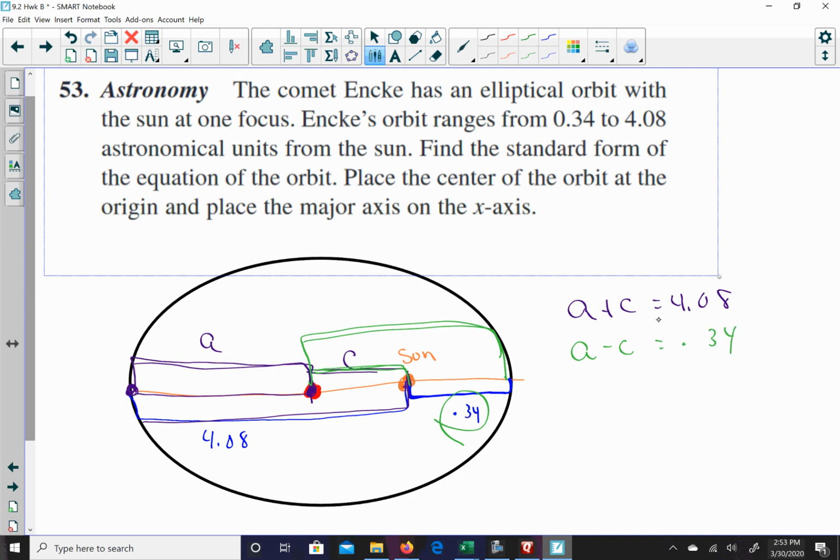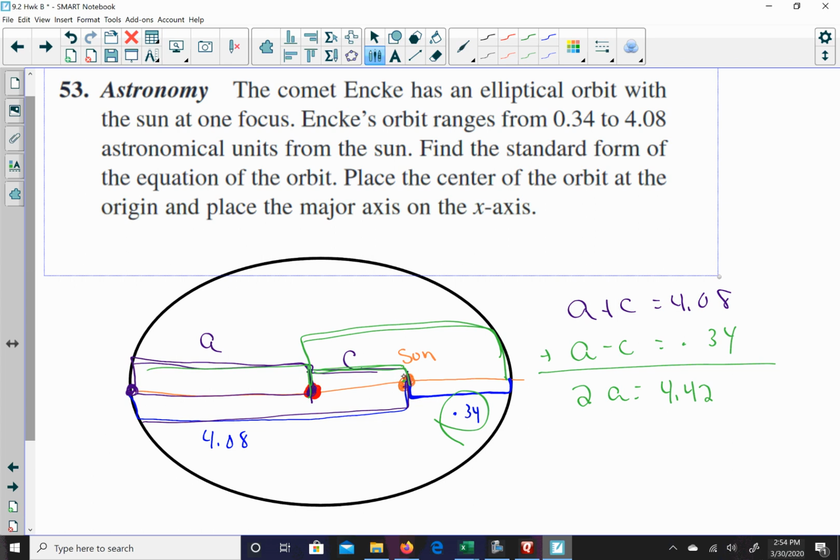Well, that's a very simple system of equations, because I can solve it by elimination. The way I've written it, I can clearly see that the C's are going to drop out. And I'm going to say 2A is equal to 4.42. And that should make sense to you, because the sun is in the middle.